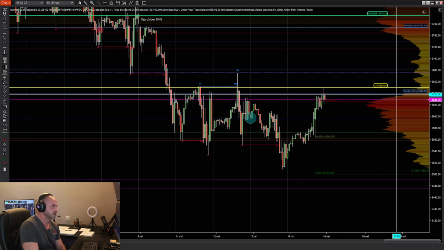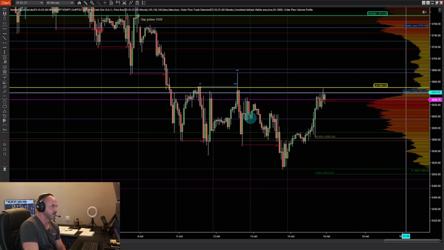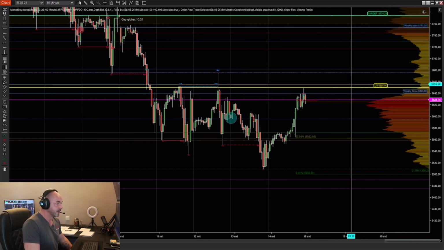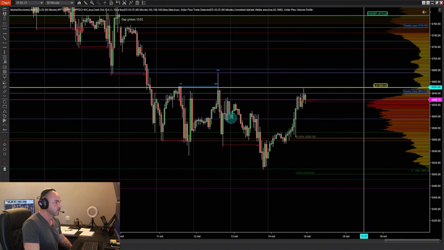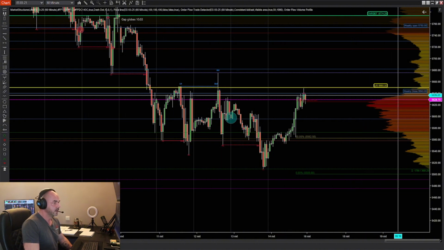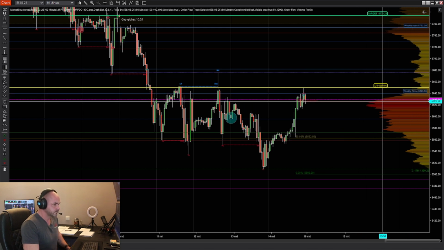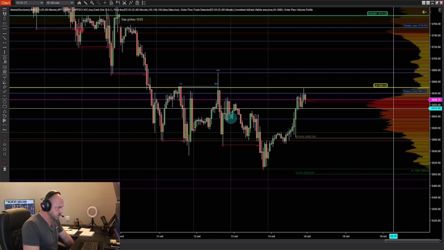Underneath this, and certainly underneath this volume area, underneath this low volume node, I am still bearish because we are in a downtrend. So my line in the sand today will be somewhere around this high volume node. Is that an answer to your question? Yes. All right.